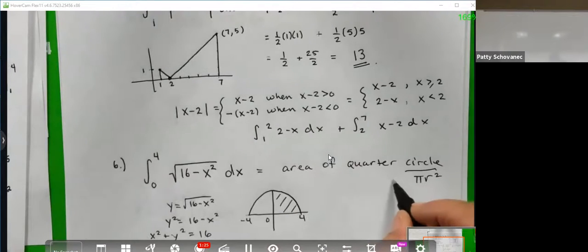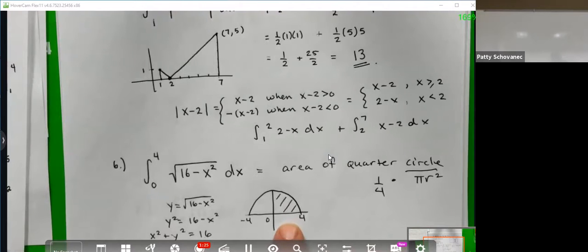If we only have a quarter of it, I'll multiply it by a fourth. The picture tells me my radius is 4. So I should have 1/4 of pi times 4 squared. Take 1/4 of 4 squared and you'll get 4. This integral has a value of 4 pi.